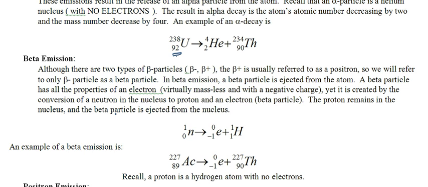And typically what happens is if an electron is ejected from the nucleus, we are converting a neutron into a proton. And again, we have to make sure that the numbers add up when we do this. So if you ever forget who's being converted into what, well, let the math tell you.